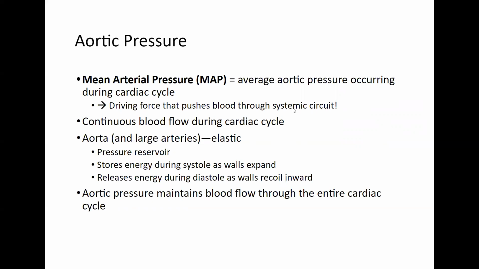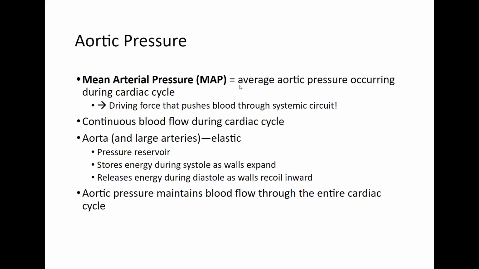Everywhere in the systemic circuit is getting it because we keep this mean arterial pressure relatively high in the aorta, right? We're pushing blood out to the system. We have continuous blood flow during the cardiac cycle. It's very important that we don't have blood just stopping and chilling out in your body.